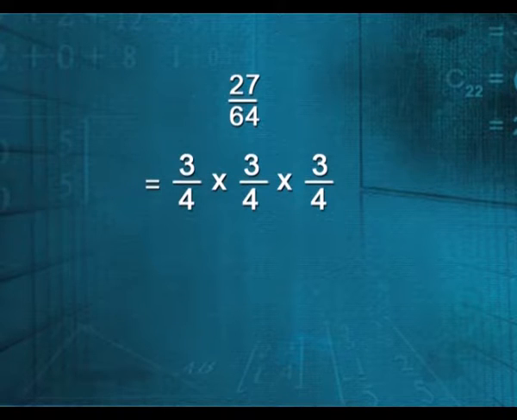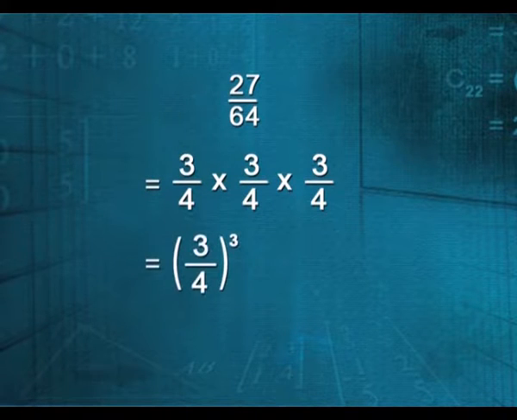Likewise, in the denominator we have 64, which can be written as 4 multiplied by 4 multiplied by 4, how many times? 3 times. So, this number 27 by 64 can be written as 3 by 4 whole to the power 3, where the base of the number is 3 by 4 and the exponent of the number is 3.